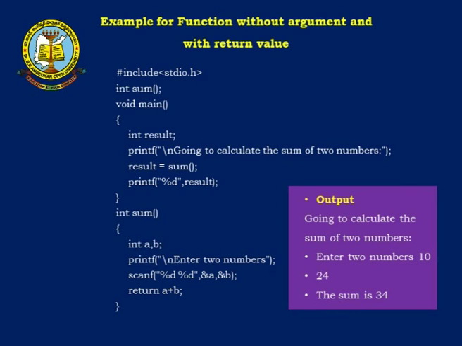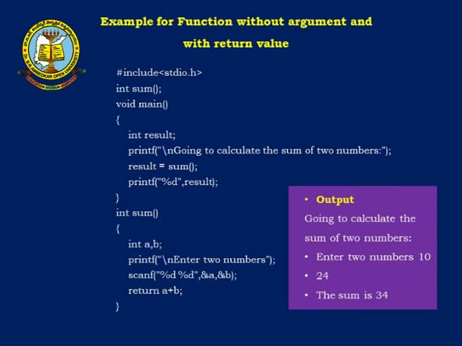That's why we are not writing any arguments in the parenthesis, but it returns some value that is int type. That's why we are writing int here. Coming to the main function, we are writing the function calling statement here. This is function calling statement sum. When you write the function calling statement, that redirects to the function definition statements as we covered.